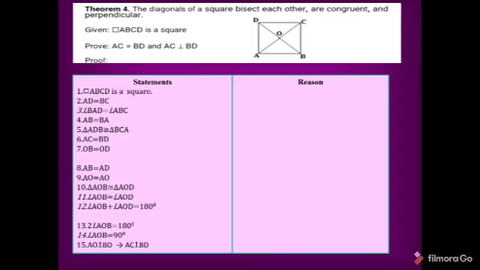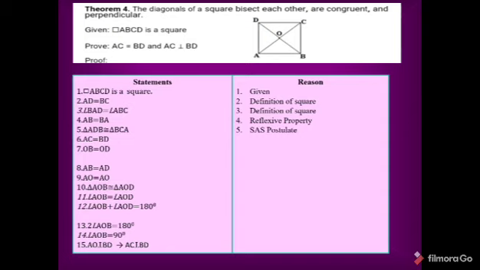So for number 1, very clear, that is given. Number 2, definition of a square. Number 3, definition of a square. And number 4, reflexive property. Yes, you're right. Number 5, that is SAS postulate.